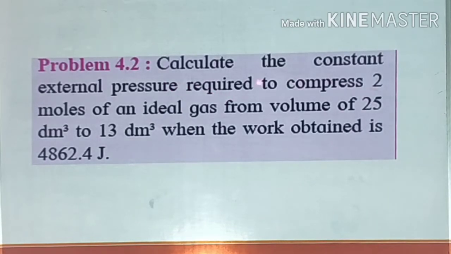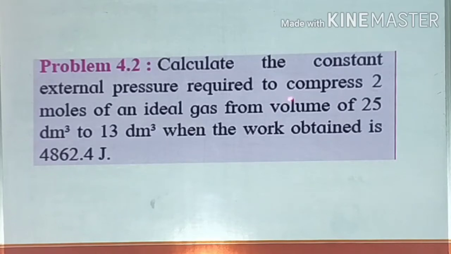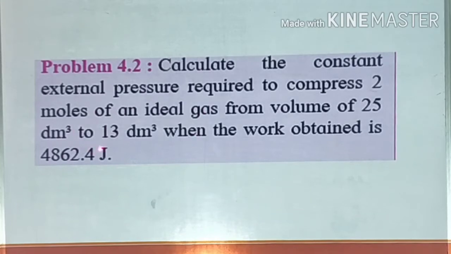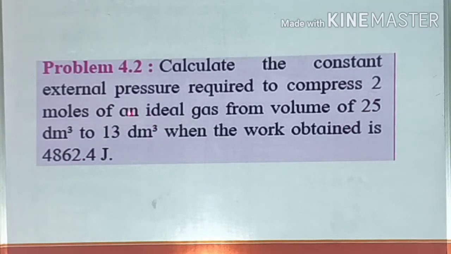The number of moles of a gas is given. We do not require it, so let us neglect it. From volume of 25 dm cube, means this is the initial volume, that is 25 dm cube, to 13 dm cube, so final volume is 13 dm cube. So it is given that V1 is 25 dm cube and V2 is 13 dm cube.